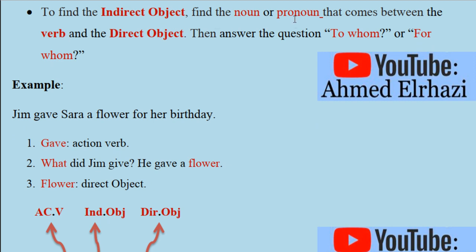Now we need to find the indirect object: the noun or the pronoun that comes between the verb and the direct object. When I extract the direct object, I go look for the verb and see the noun or pronoun between them. Then answer the question to whom or for whom.